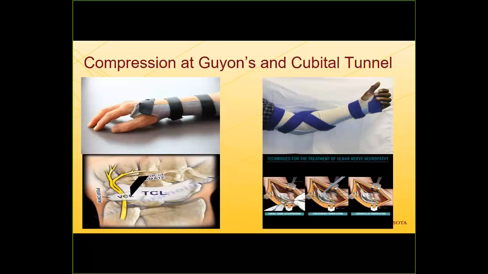The reason for doing this is that it takes the nerve out of the tunnel that is irritating it, and puts it into a safer position. So this is called an ulnar nerve transposition. That's what's done in extreme cases when the cubital tunnel syndrome is really bad.